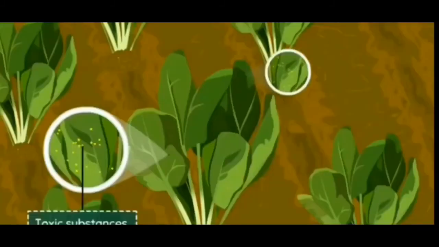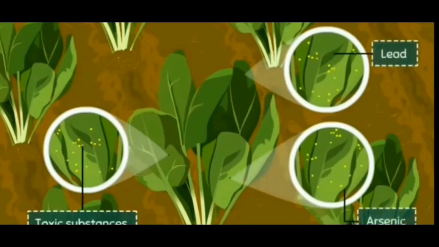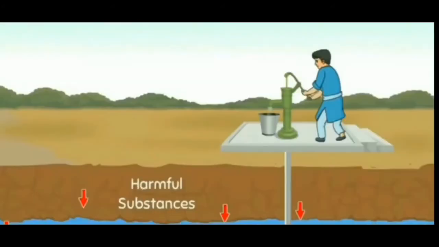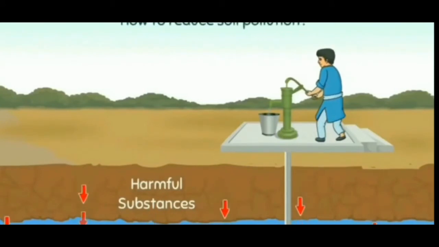As a result, the harmful substances gradually reach the groundwater and make it unsuitable for human use. As it is very clear that soil pollution is very harmful, steps should be taken to reduce it.